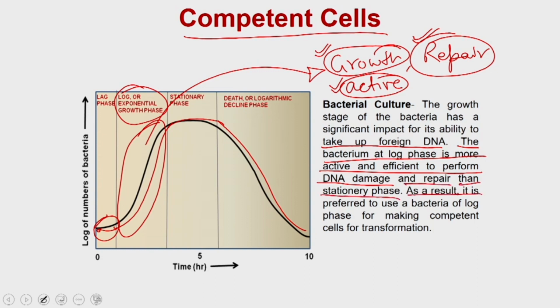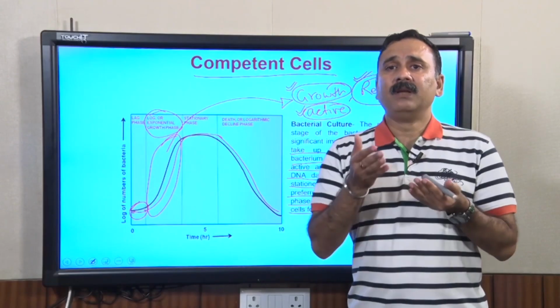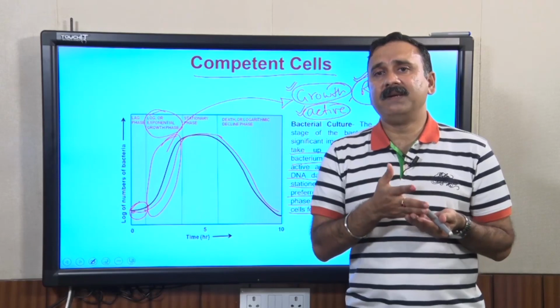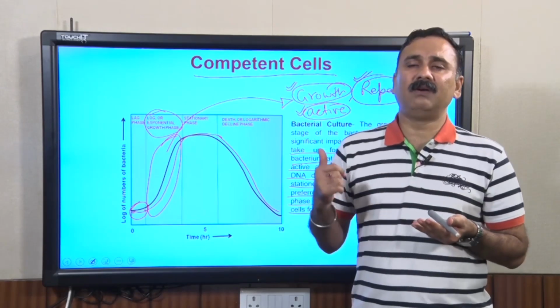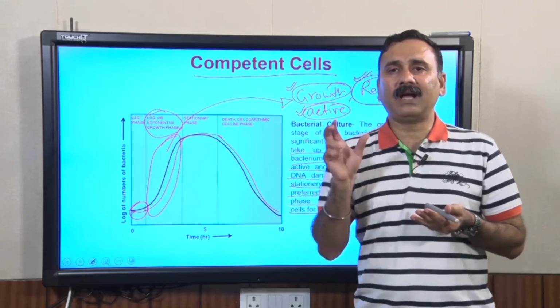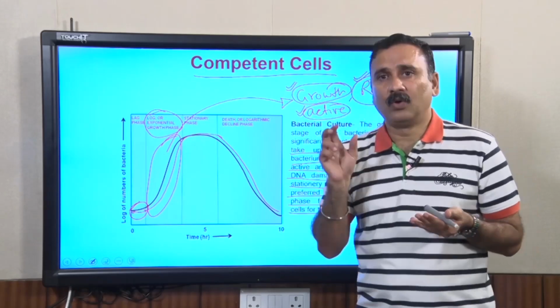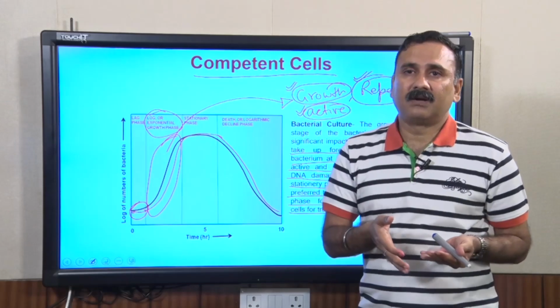As a result, it is preferred to use bacteria of log phase for making competent cells for transformation. If you remember, when we were discussing bacterial growth kinetics, we said that you can use different types of growth measuring methods to know when the bacteria will be in the log phase, and that is how you can choose that particular time point or growth period, and choose the bacteria for making the competent cells.